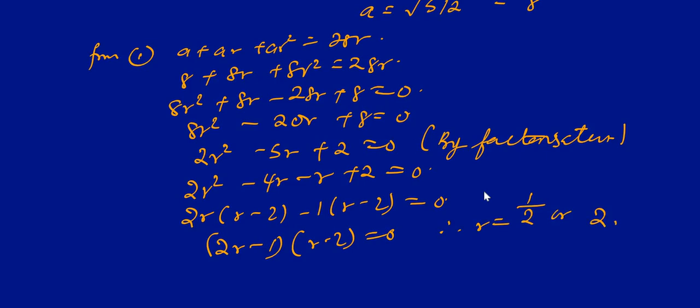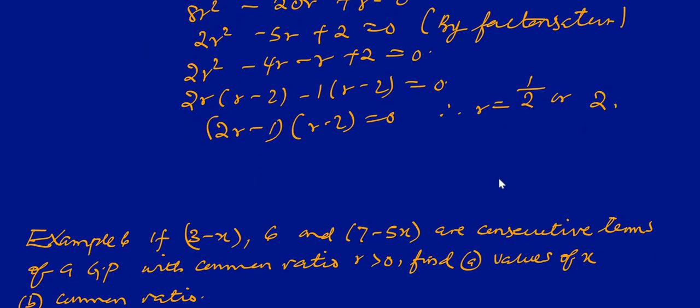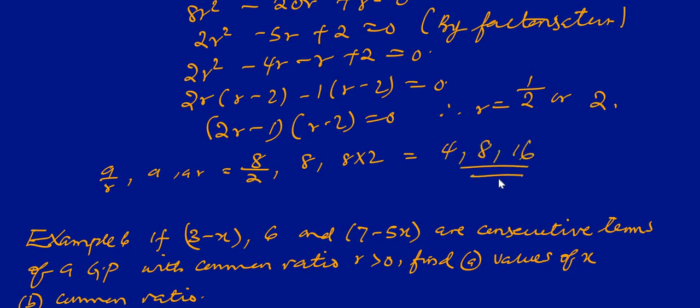But we always pick the whole number so that it will be easier for us to handle. So the terms are A over R, A and AR, which will be equal to 8 over 2, 8 and 8 times 2. This will be equal to 4, 8 and 16 are the terms.